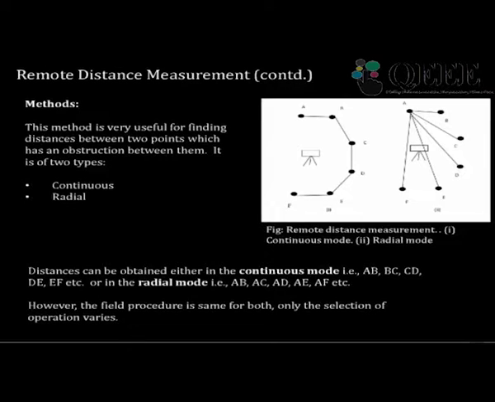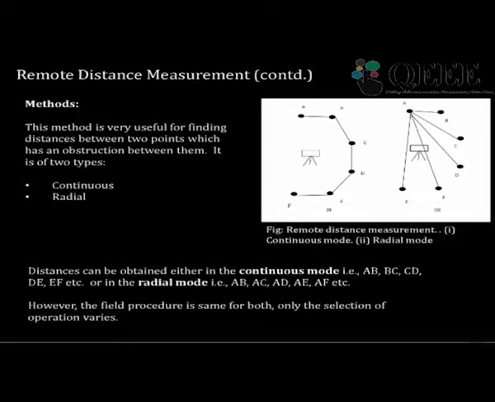I have given illustrations for both modes. The first one shows remote distance measurement in continuous mode, where the distance can be obtained segment-wise, like AB, BC. Suppose you have a road network of 20-30 kilometers or 100 kilometers and you want to measure the distance of each segment, you can continuously measure the distance between the segments. That is called continuous mode.